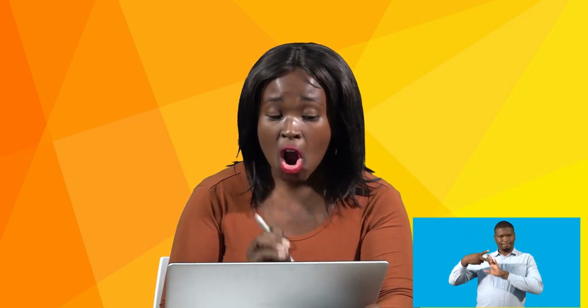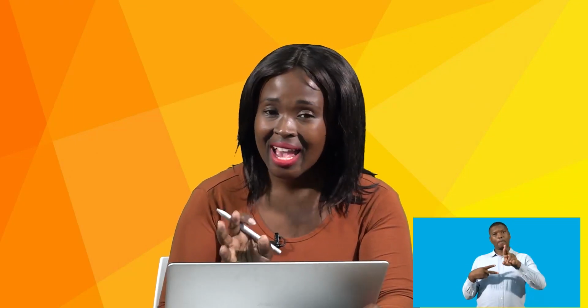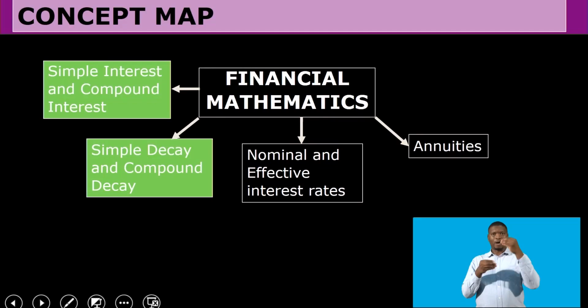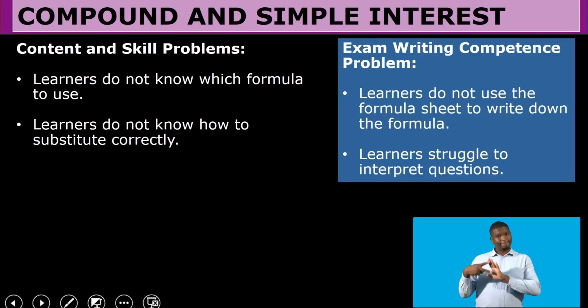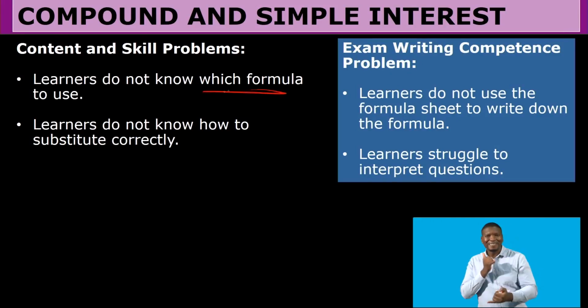So now we are going to go into the first two concepts of our concept map, and that is simple interest and compound interest, as well as simple decay and compound decay. So looking at the content and skill problems, learners do not know which formula to use, and on top of that, learners do not know how to substitute correctly.